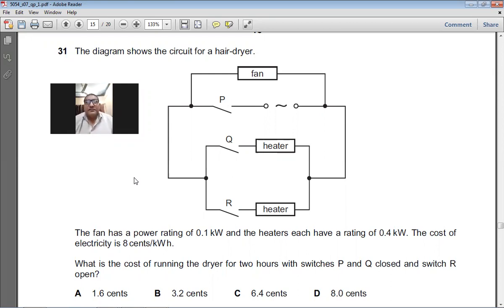They have been working for 2 hours. So the fan, I know its power. I will multiply it with the time, that's 2 hours, and then multiply it with the price.